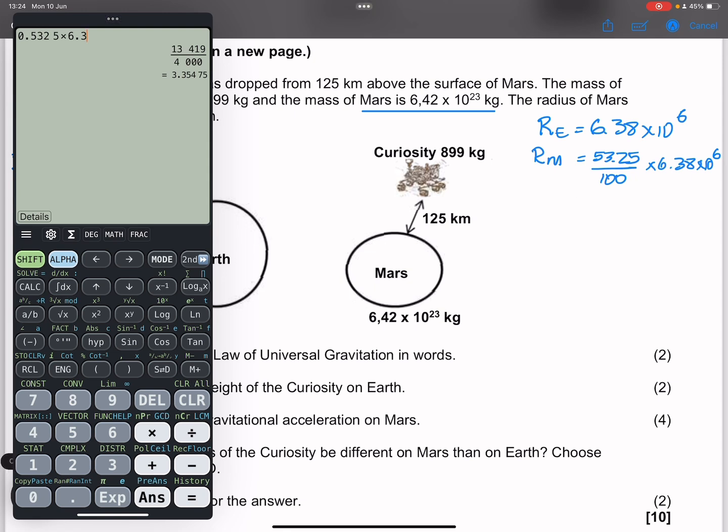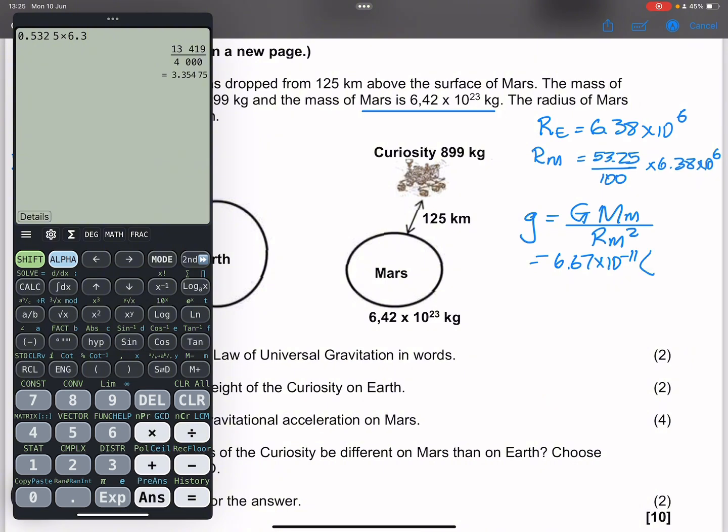So if I wanted gravitational acceleration, g is equal to the universal gravitational constant times the mass of Mars, divided by the radius of Mars. Remember, we square that. The universal gravitational constant is 6.67 times 10 to the minus 11.